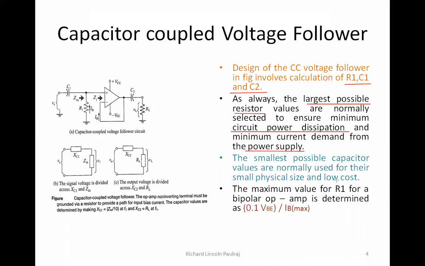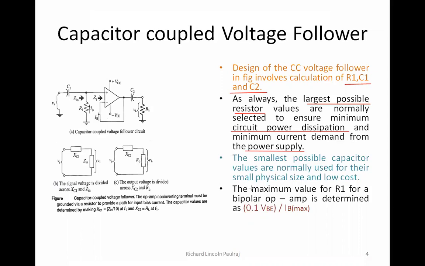Usually, to manufacture a capacitor takes a lot of time and effort, and it is not as easy as fabricating a resistor. So instead, I'm going to increase the resistor value and decrease the capacitor value so that I can cut short on the cost. I do not want my circuit to be too costly because I need to sell it to the vendors, right?